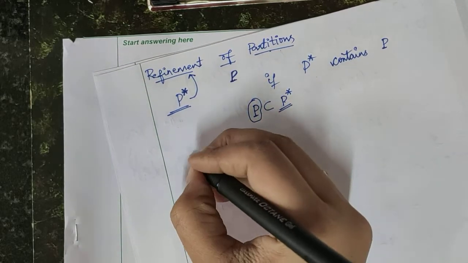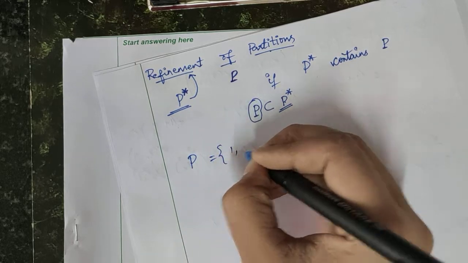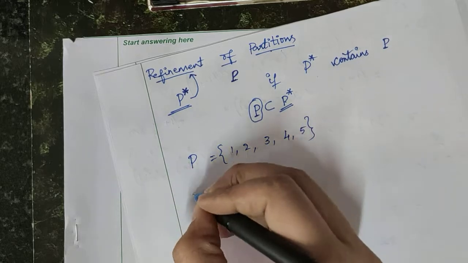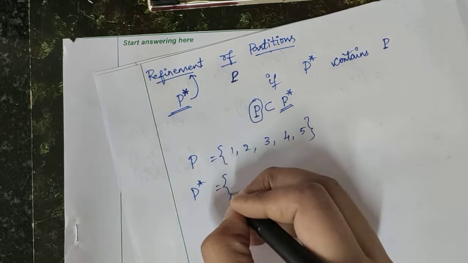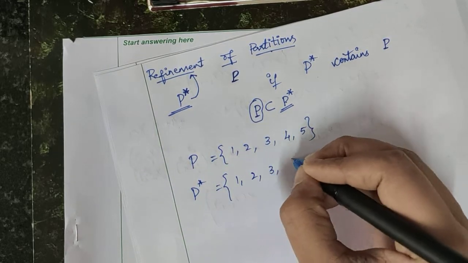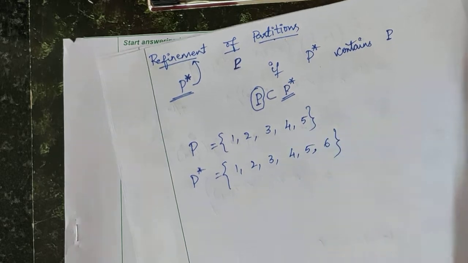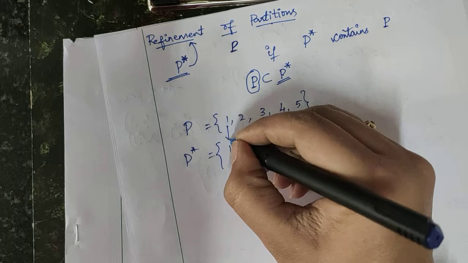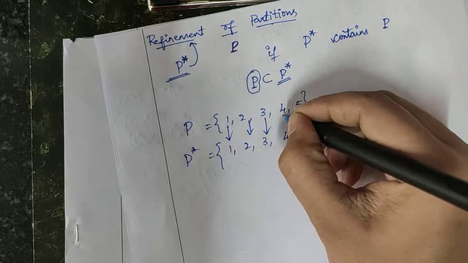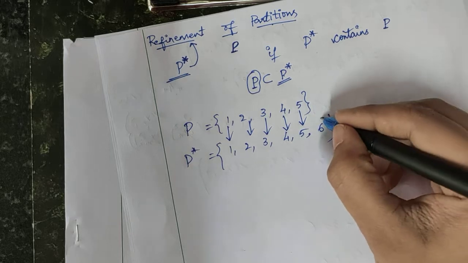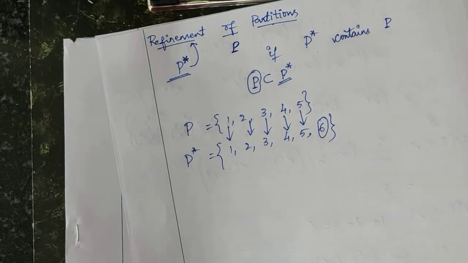For example, if P is equal to 1, 2, 3, 4, 5, then P star will be 1, 2, 3, 4, 5, 6. You can observe here all the points of P are contained in P star, and along with that we have an extra point also.